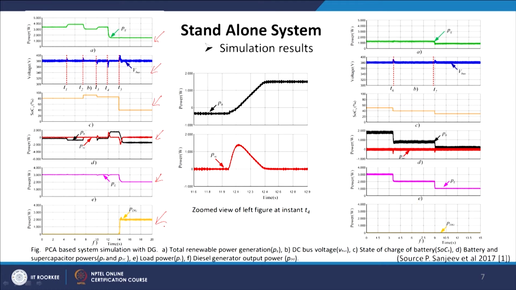Now, we can see the renewable power generation keeps varying over a period of time, and the voltage is almost steady excluding a few transients. And very interestingly, we can see that the state of charge of the battery keeps varying from 80% to 90 to 80 and then 40 and so on.